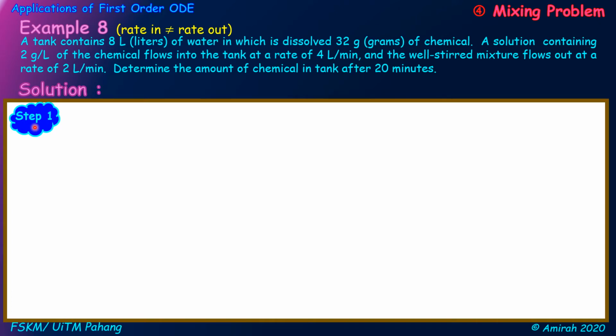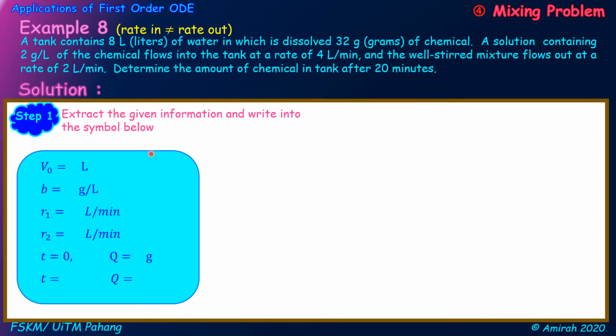Alright, step 1. To solve a mixing problem, first we extract all the information from the question given and write it into the appropriate unit for each symbol. So we write the symbols V naught, b, R1, R2, t equals to 0, and then t.